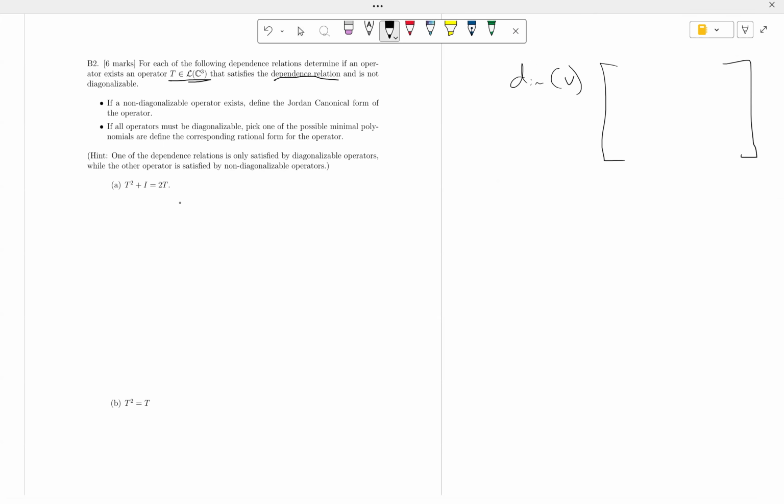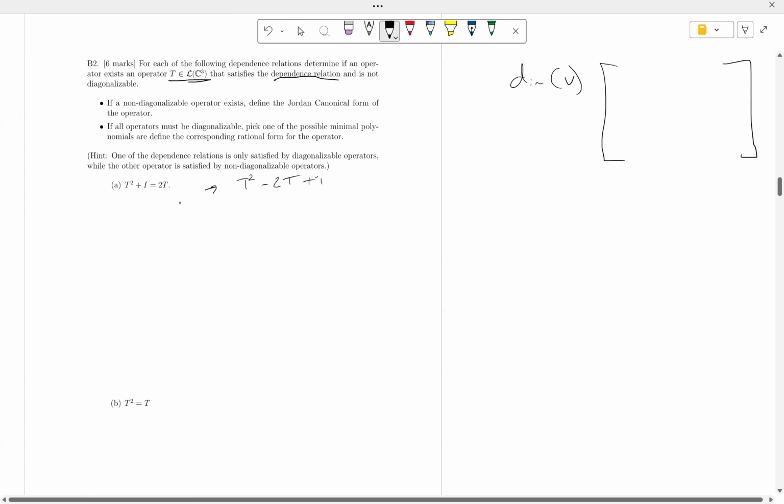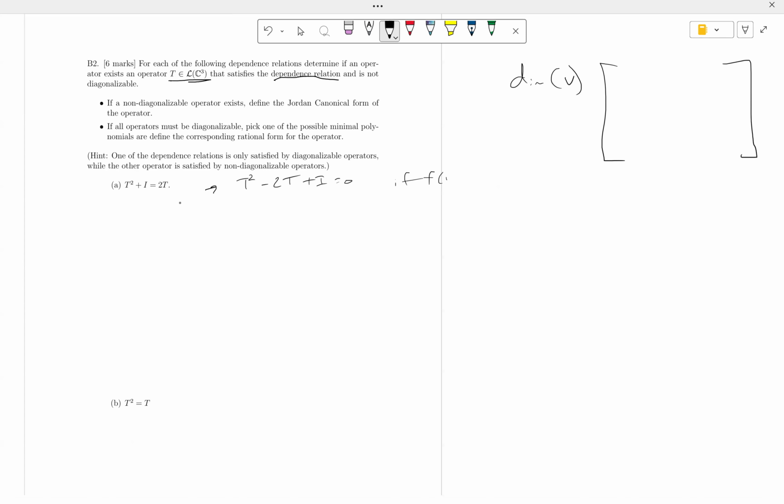And with dependence relations, I really care about taking it and factoring it and creating a polynomial that represents the dependence relation. So this means that t squared minus 2t plus I equals 0. If f of x equals x squared minus 2x plus 1, then f of t equals 0.